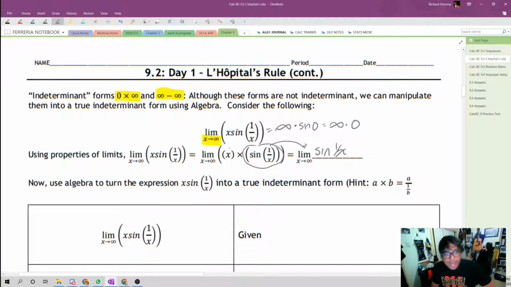And we're going to take x, and we're going to put it in the denominator with the penalty of making it the reciprocal. So this becomes sine of 1 over x over 1 over x. And when we do that, we create something that's a true indeterminate form.